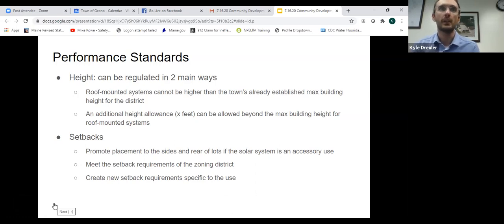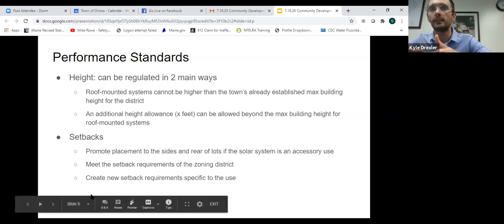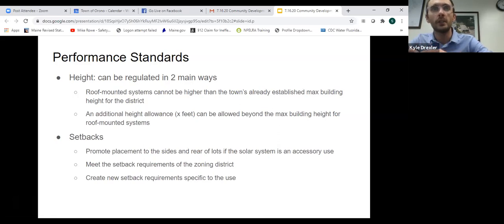So you can either state that a commercial solar system, even if it's a principal use, where there's no building on the lot necessarily and the use of the lot is specifically for a solar farm, just meets the setback requirements of the district. So maybe that's 20 feet on the front and rear and 10 feet on the sides.